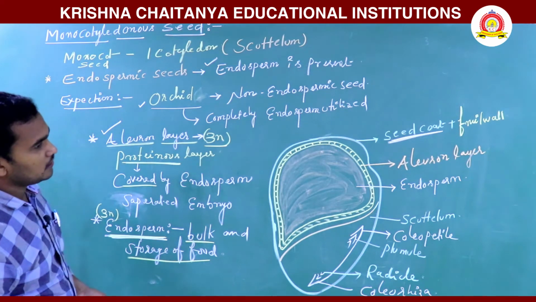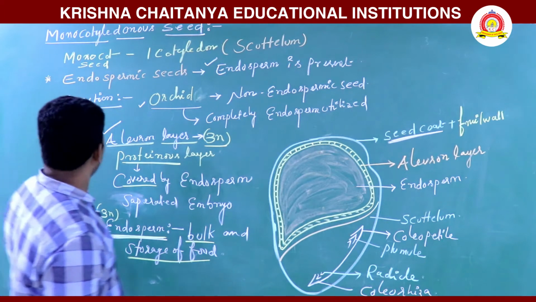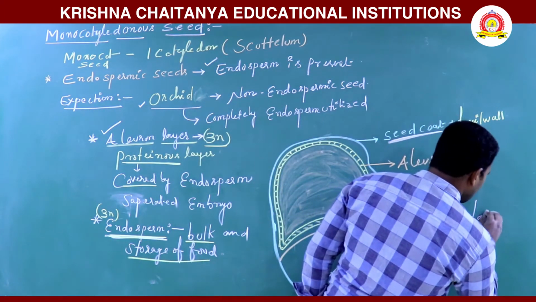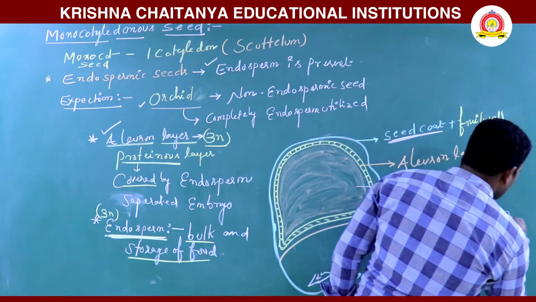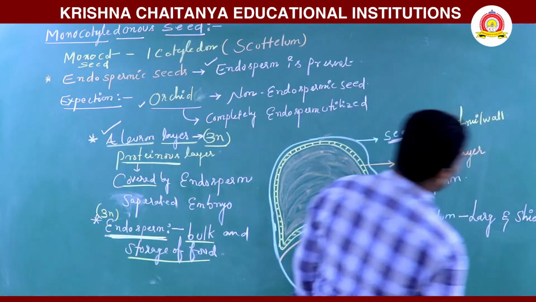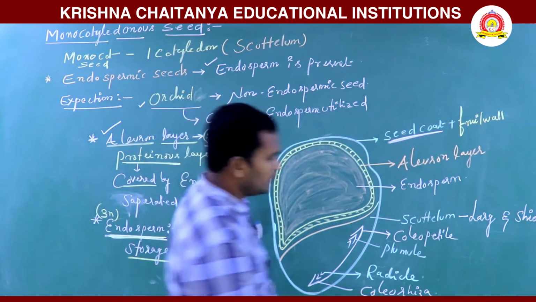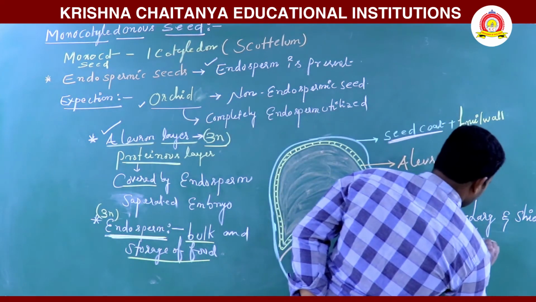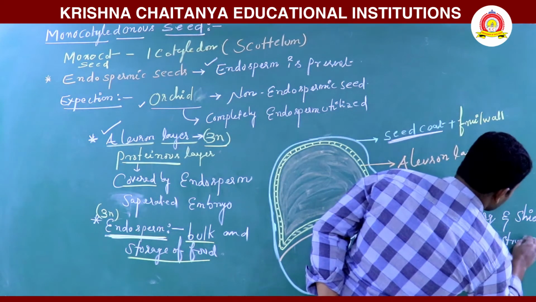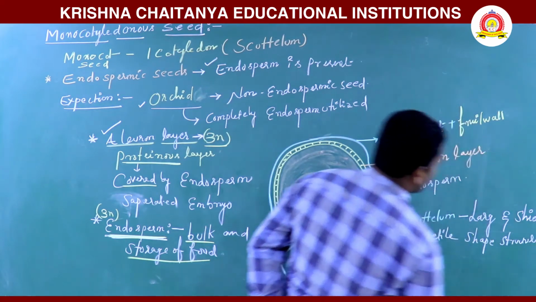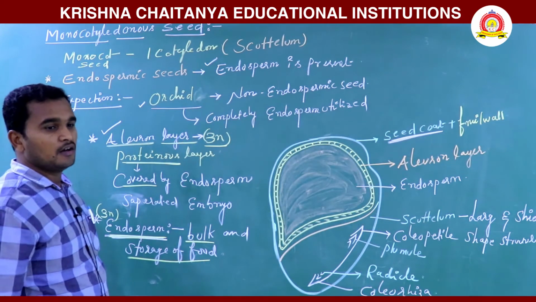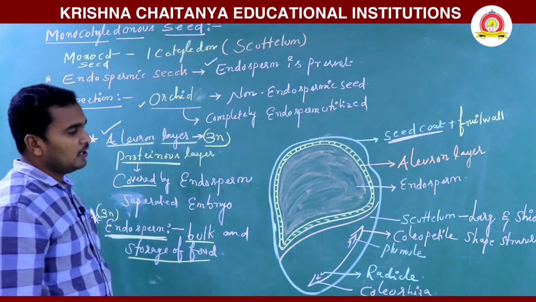So the next one is the scutellum. What is the scutellum? It is a large, shield-shaped structure situated on one side of the embryo.